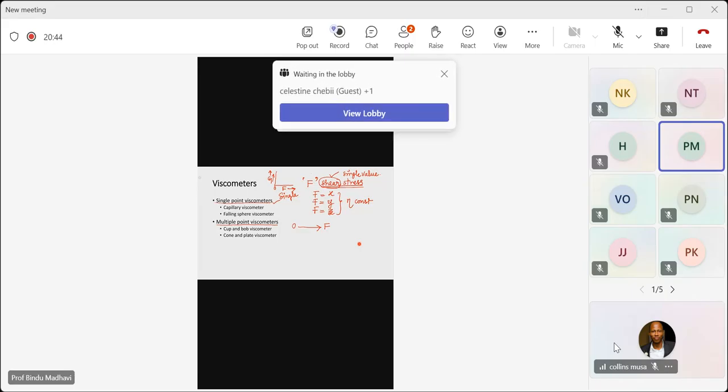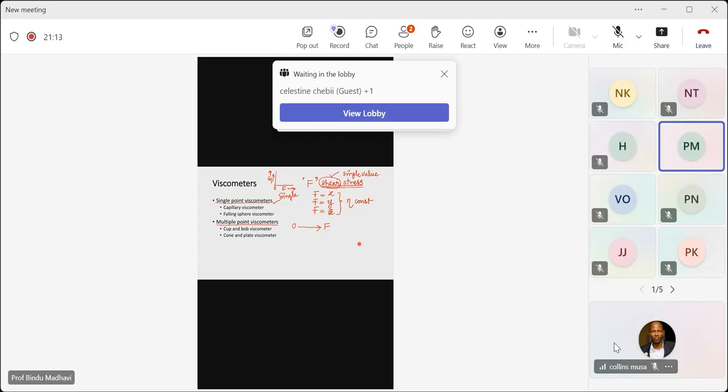I can repeat. Single point viscometers are used to measure the viscosity only at one particular fixed value of shear stress. Whereas with multiple point viscometers, you can increase the force that you are applying, and you can even decrease the shear stress that you are applying onto the system.